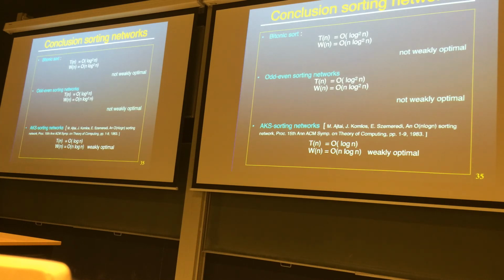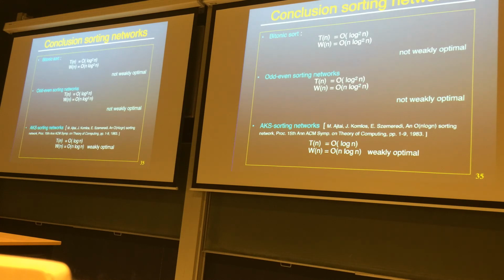And here the bad news is that indeed there exists a network that's weakly optimal, but the nasty thing is that if you would like to build such networks, you need networks of galactic size. That means that for approximately n equal to 2 to the power 78, such an AKS sorting network, an optimal network, will have the same size as an odd-even sorting network.